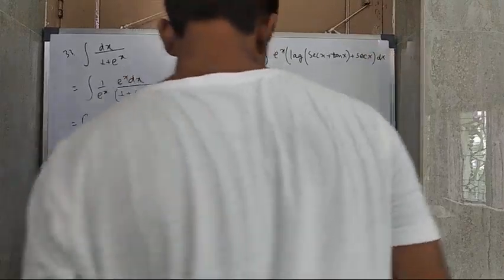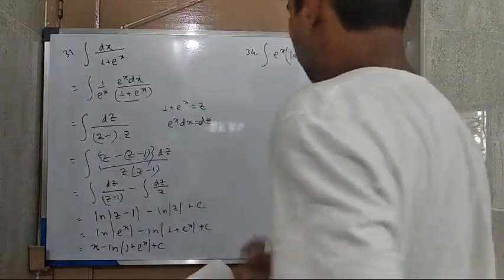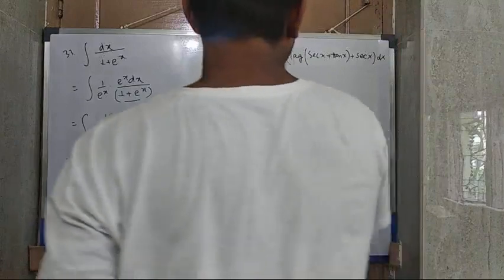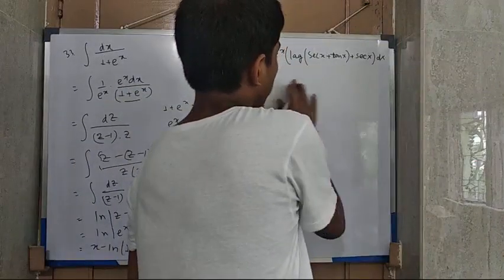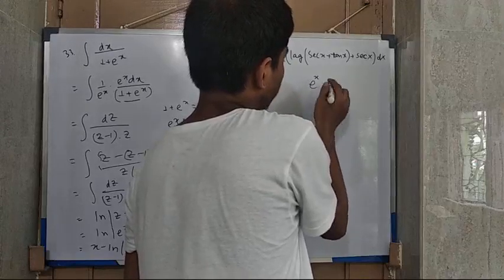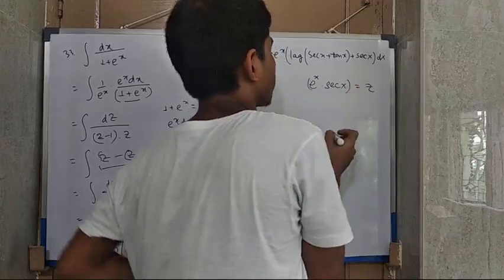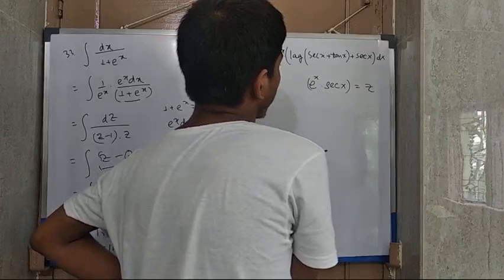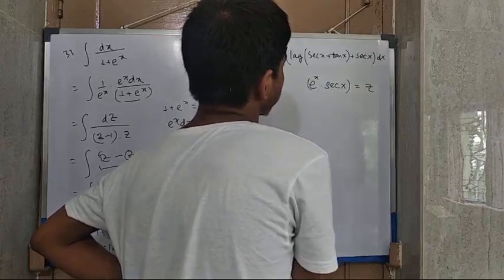So this is another simple integration, because if you take e to the power x times sec x as z, and wait, no, this is going to work like that.